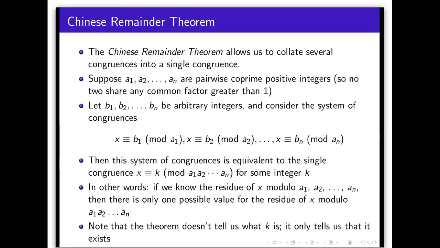So if we want explicit information on exactly what congruence the system of congruences simplifies to, then we'll need to do extra work. But if we just need to know that it exists or count how many solutions there are, then the Chinese remainder theorem tells us that we just have to consider the modulo the product. Does anyone have any questions about the statement of the theorem?